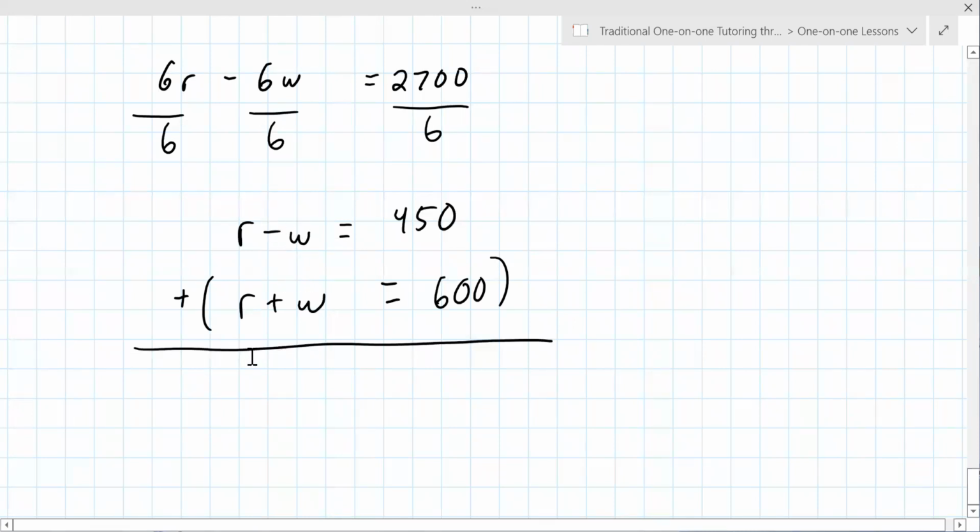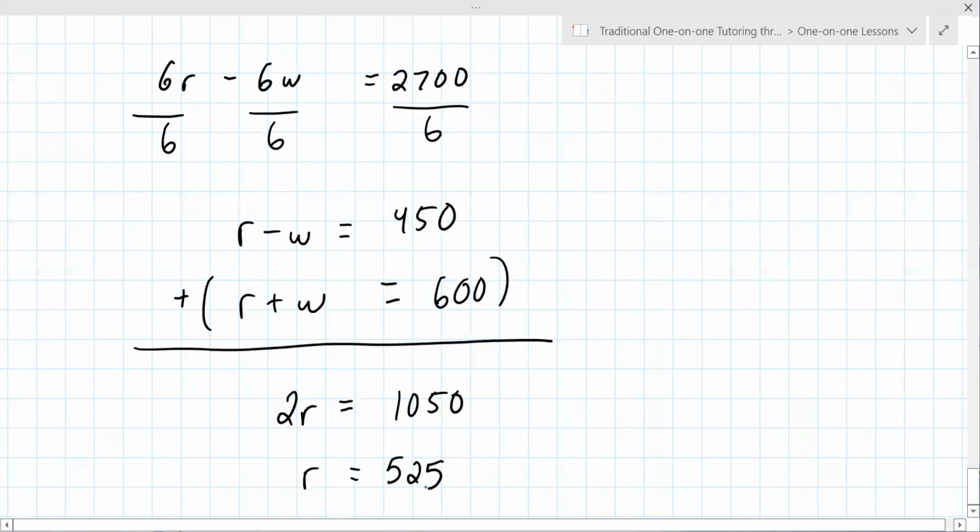So it's 2R equals 1050. So you solve that, divide, for R, please? 525. Good.